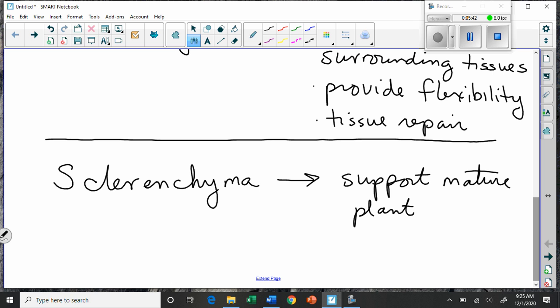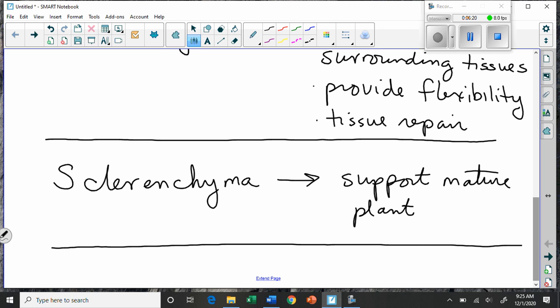So Sclerenchyma cells are often found wherever we need thick support, like trees and things. And these Sclerenchyma often die. Remember we talked about the xylem tissue, how it dies, and we're going to talk more about that later. But Sclerenchyma often dies once it's reached its mature state, and it basically is a support structure, like a beam or a tube or whatever.